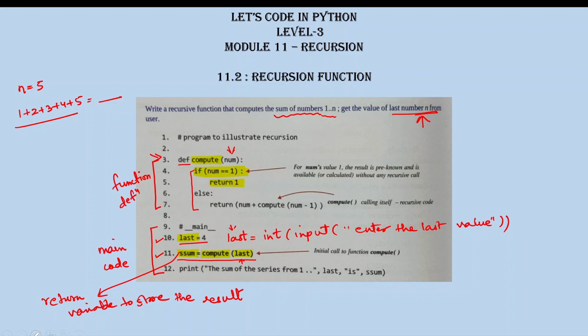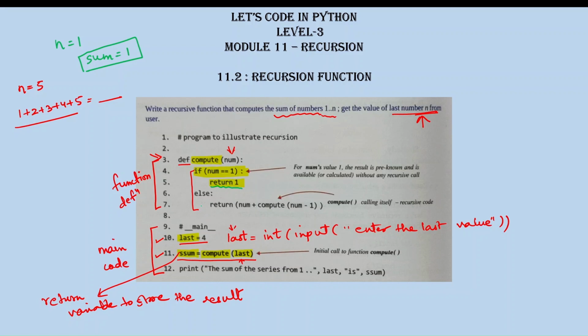Go by that simple example: in case the user has passed the value of n as 1, the answer is what you add up from 1 to n. Now n is 1 only, so the sum returned will be 1 only. So return 1 in case num is equal to 1.